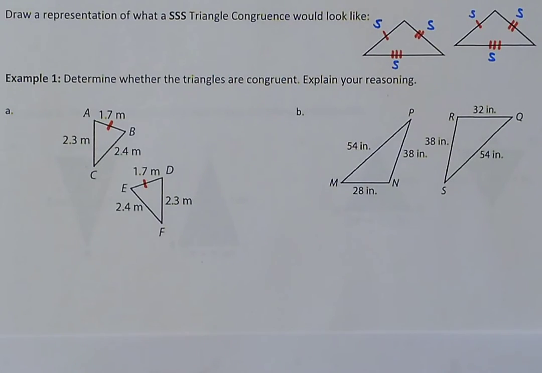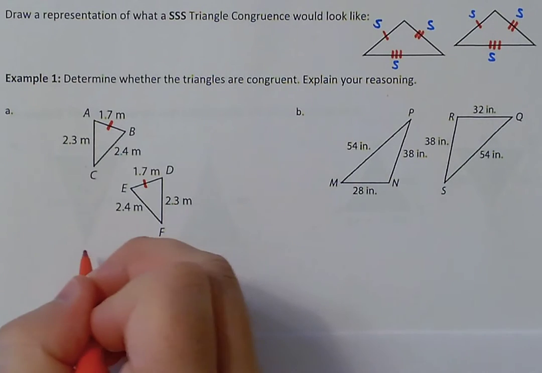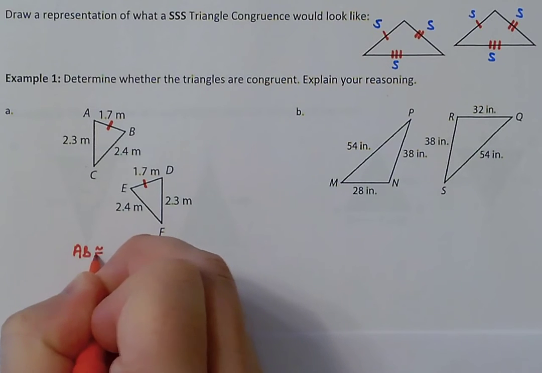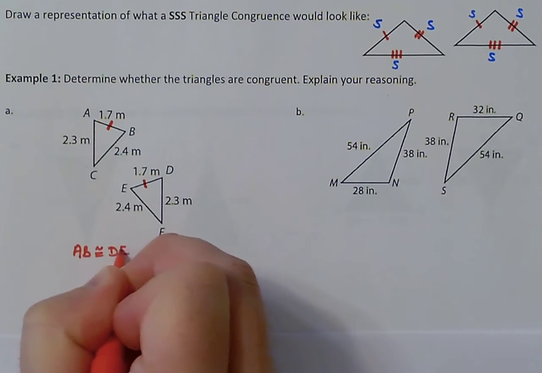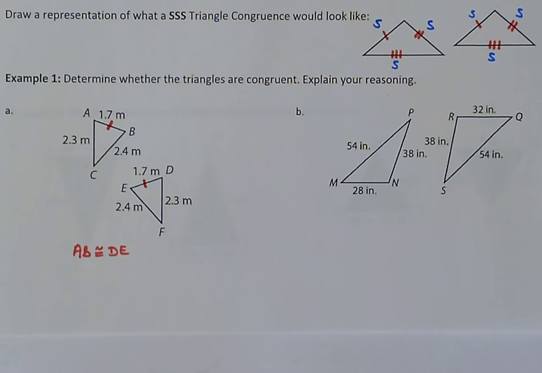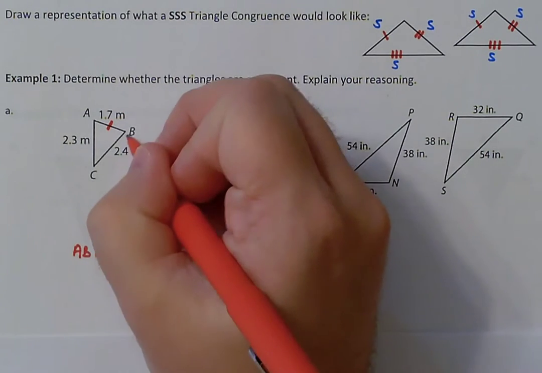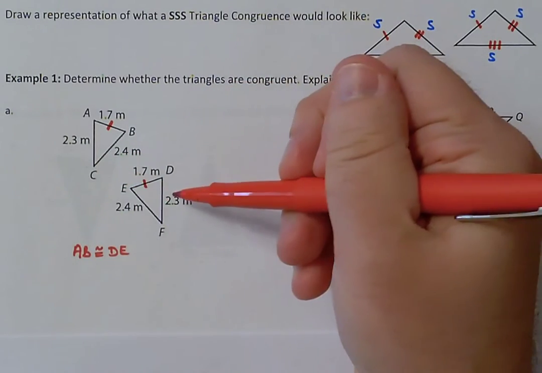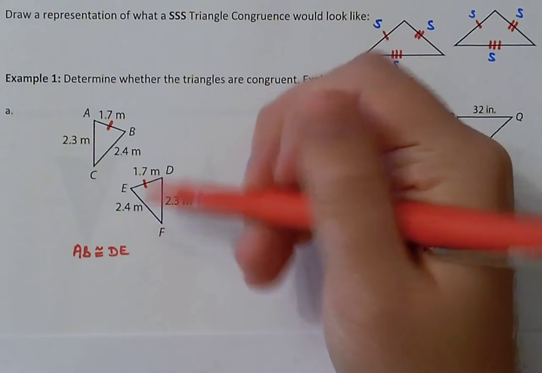So I know that AB is equal or congruent to DE because they're both 1.7. So AB is congruent to DE, and that's my starting point there. Then we just have to go through and identify the other two sides. So if I start with BC is 2.4, in this triangle EF is also 2.4.